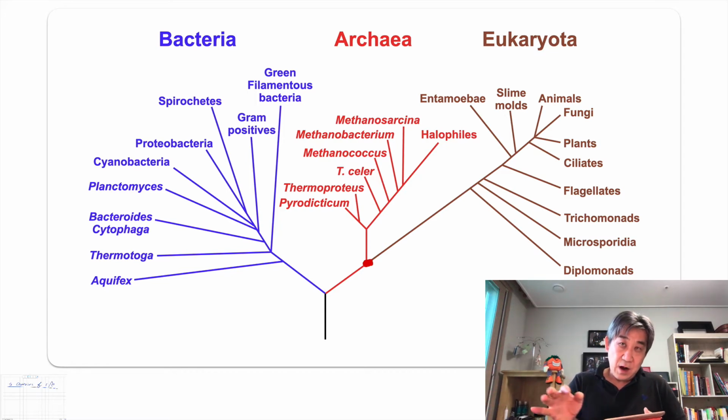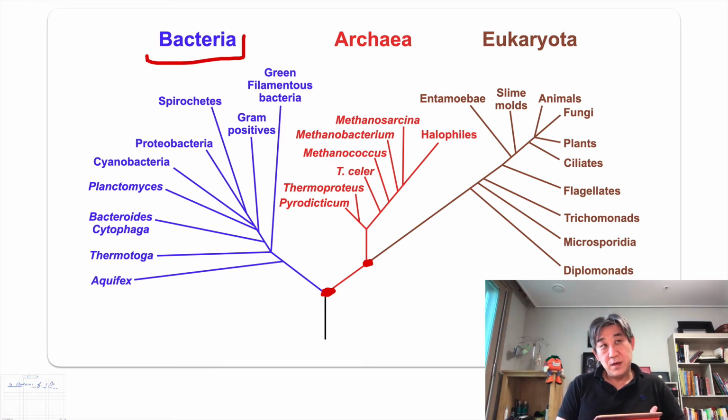And a little farther away, more distantly related at this point, there exists a branching point for another group of prokaryotes. We call this the present-day, modern bacteria. So many different groups over here.